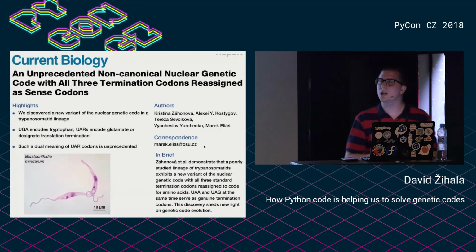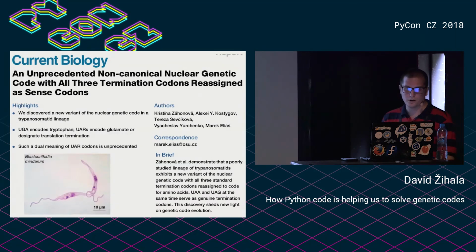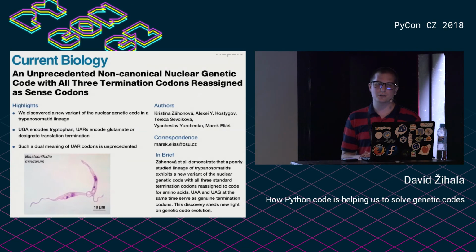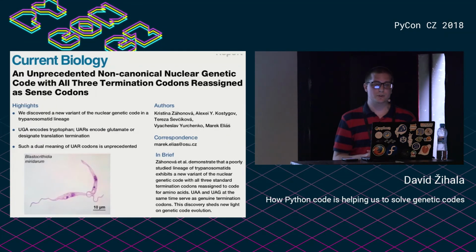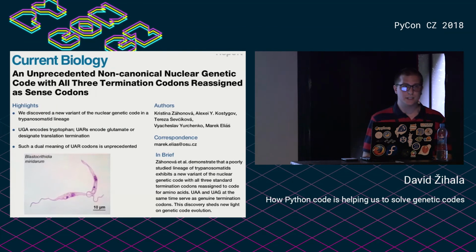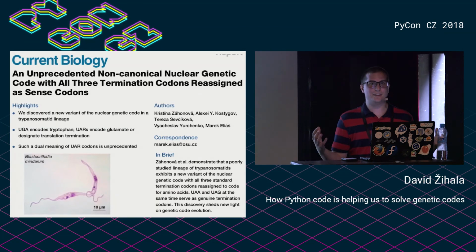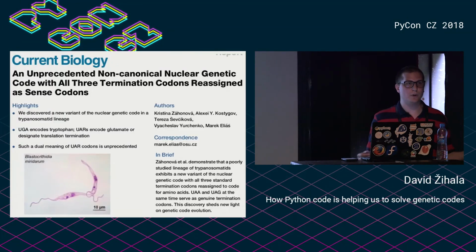In our lab, in last 2 years, we published 2 very important papers in this field. The first of them is about an unprecedented non-canonical nuclear genetic code with all 3 stop codons reassigned to some amino acid. And we found it in trypanosomatid, blastocystidia, and this is just amazing thing because all stop codons can code amino acid.